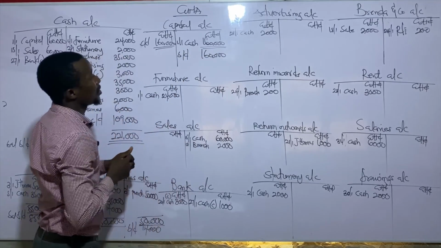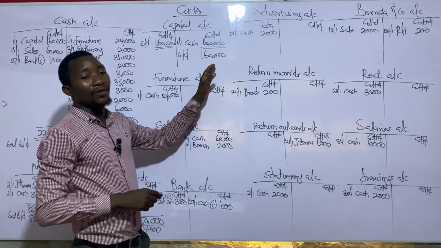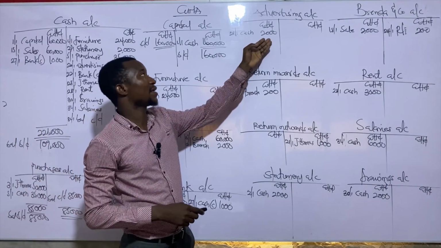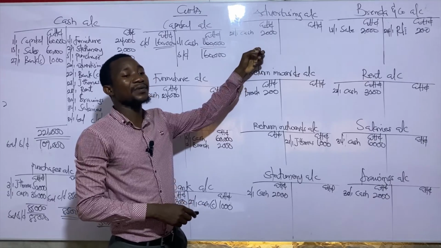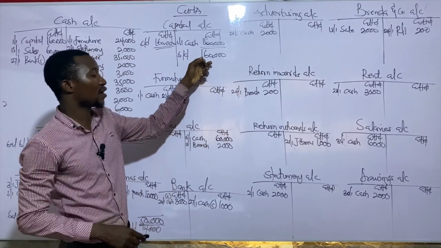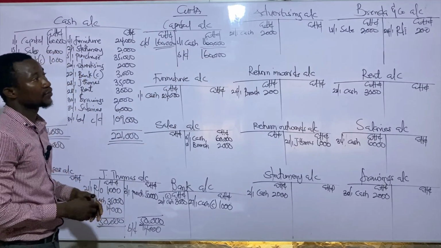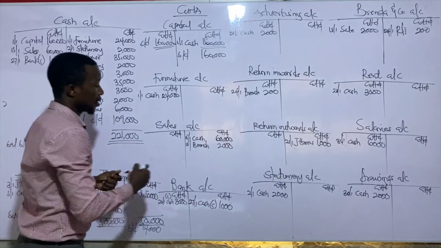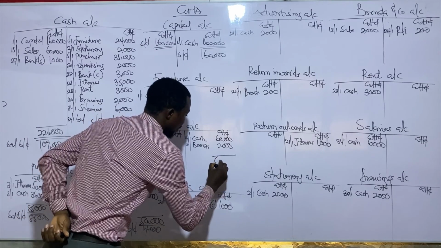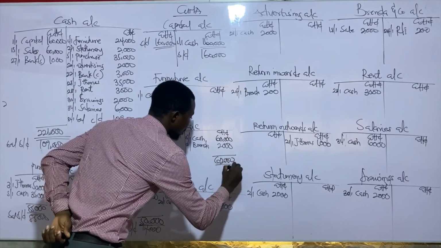So it means that if we have only one entry in the account, let's say at the debit side, the balance brought down will be at the debit side of 2,000, as we have it over here. So we don't even have to waste our time balancing a single entry. Here we have a double entry. We can balance it. We have 62,000 as the total.